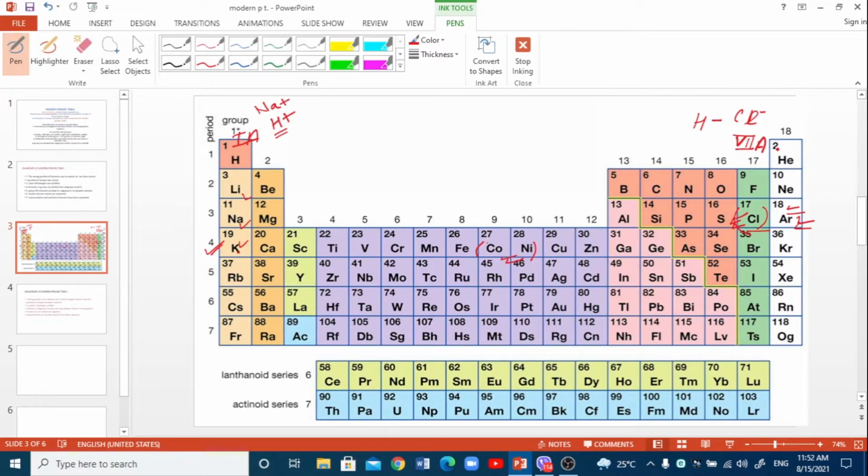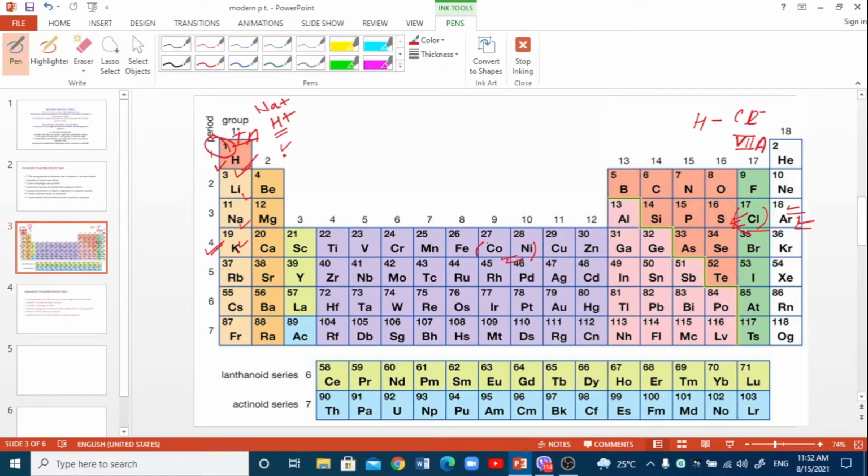But hydrogen is kept in the beginning of the periodic table. It is because it has the least atomic number, that is 1. So because of atomic number 1, hydrogen's place in this table is justified. It is kept at the top of group 1A. So this way position of hydrogen has been justified to some extent.